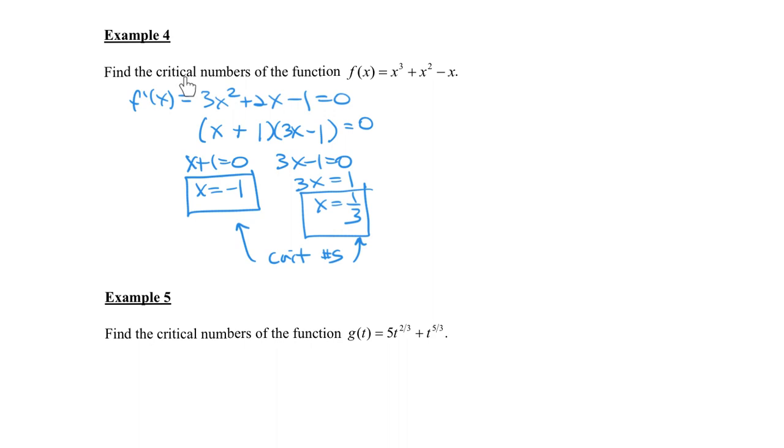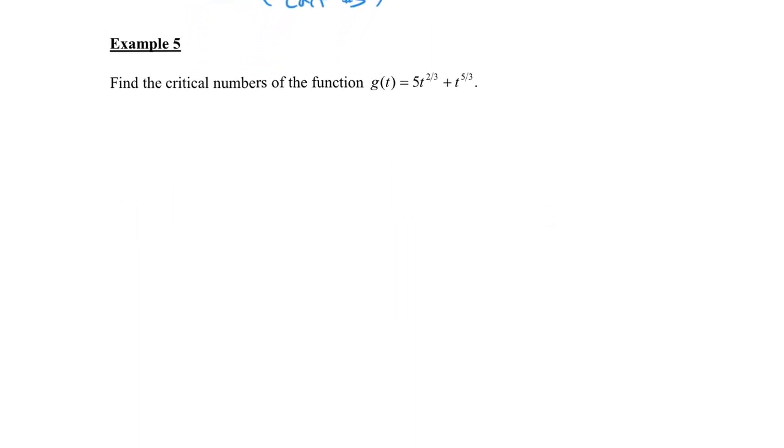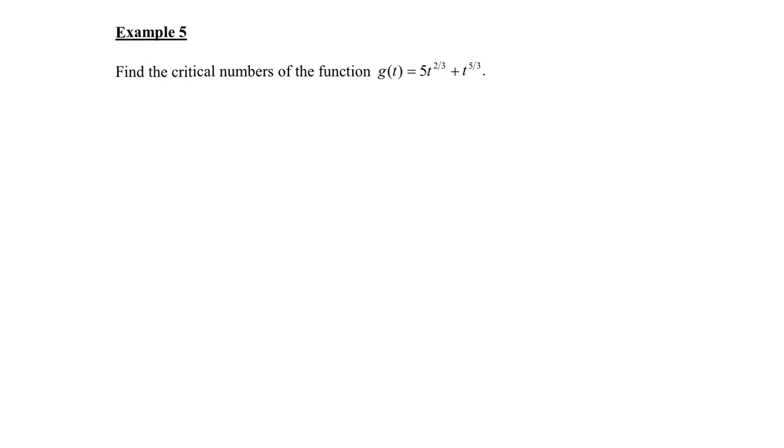One place is where the derivative is 0. The second place is where the derivative does not exist. But in this case, our derivative exists everywhere, so we don't have to worry about that. So these are the only two critical numbers. Okay, with that in mind, I wonder if this one, maybe we'll have a place where the derivative doesn't exist. We'll have to wait and see.